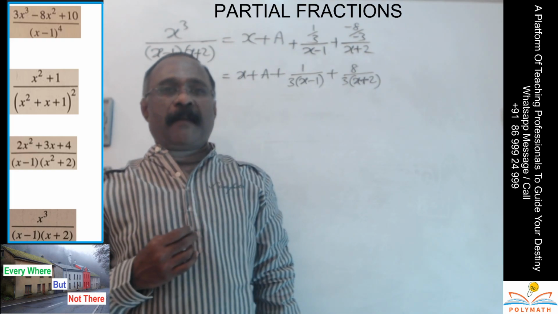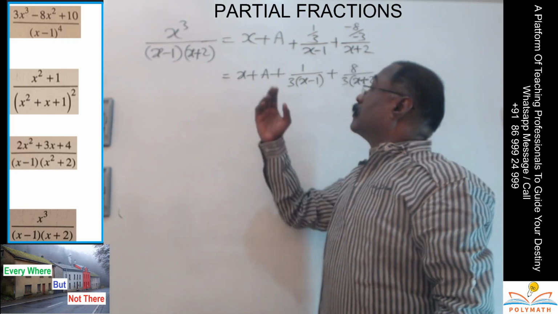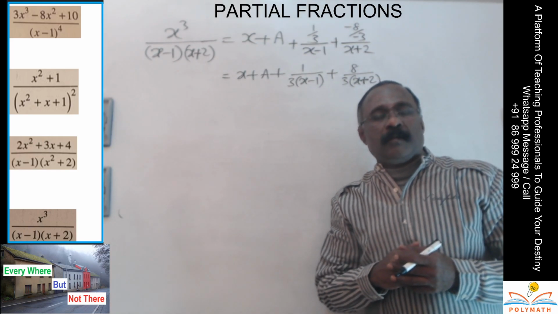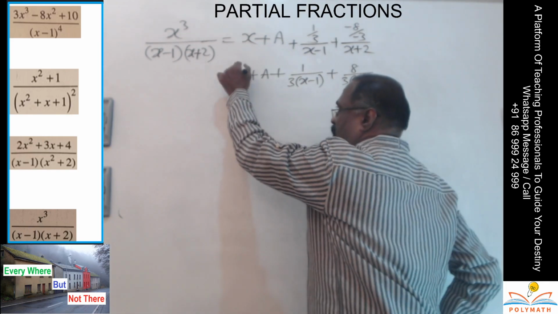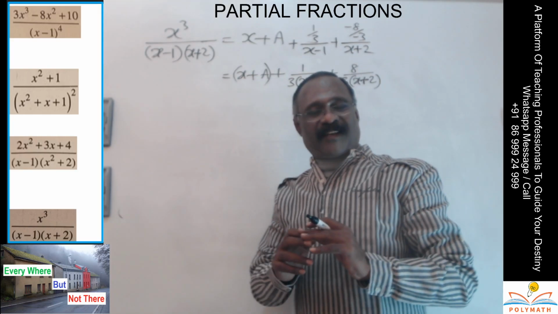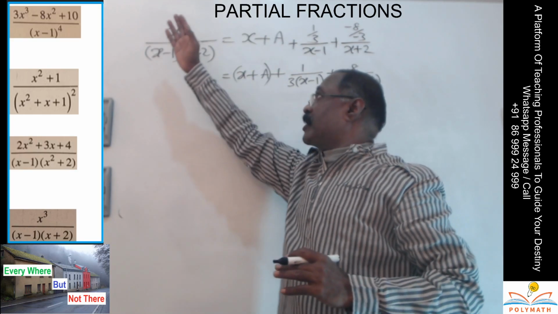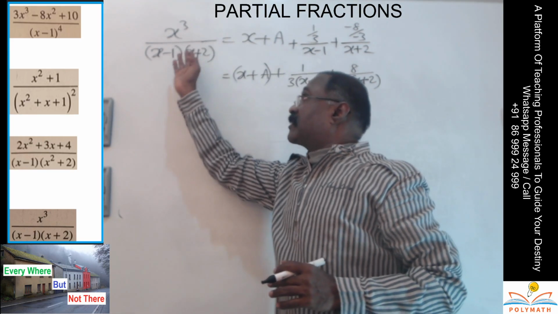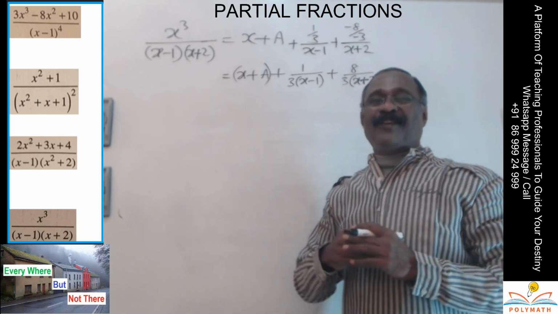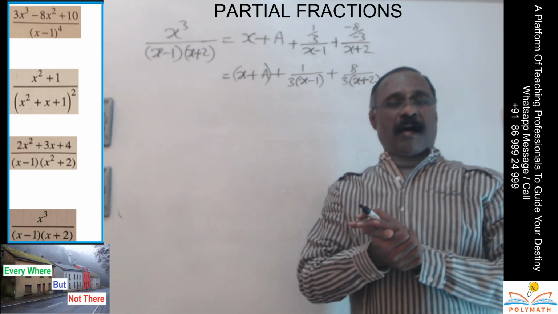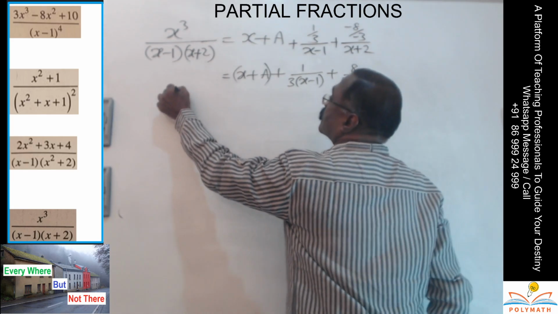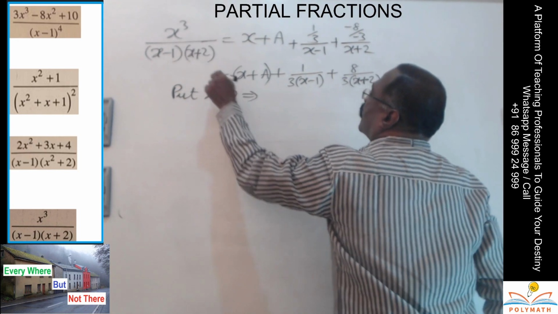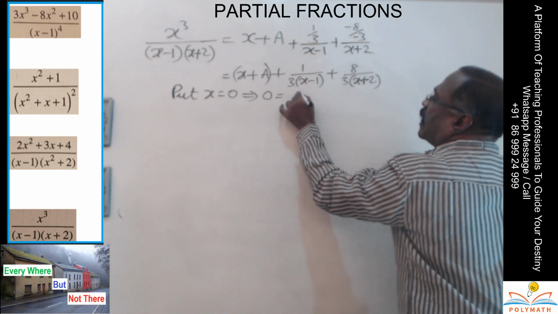Okay, so what happens now? We have to get the value here also, of course. How do you get this? This is nothing but the quotient when you divide x cubed by this quadratic. So you have to get the value of a now. Put x equal to 0. This is 0 totally. 0 plus a.